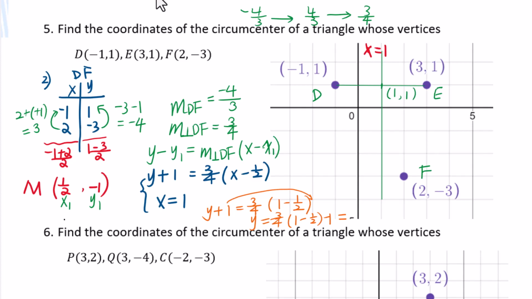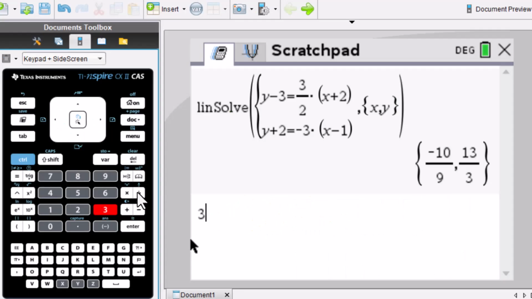Let's go to the calculator. 3 divided by 4 times 1 minus 1 divided by 2. Then minus 1.